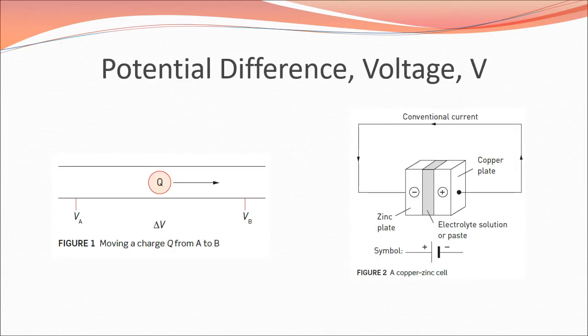So we can measure the potential difference between 2 points in a circuit. If we know the voltage at point A and we know the voltage at point B, as our charge Q moves between points A and B, it will pass through a potential difference, or some delta V, between those 2 points.